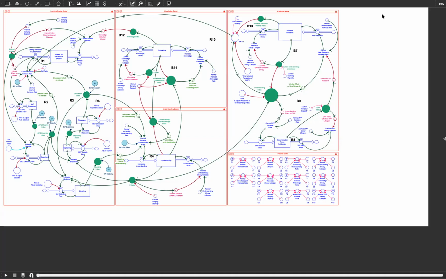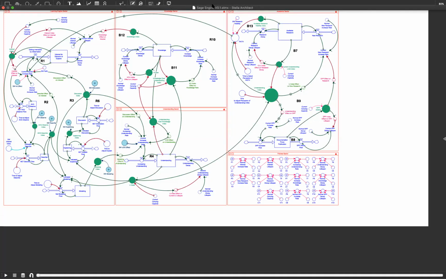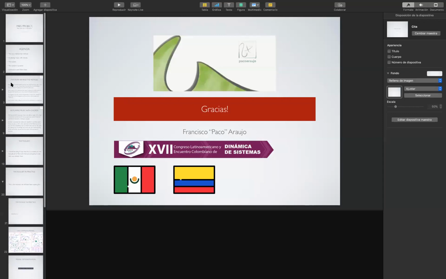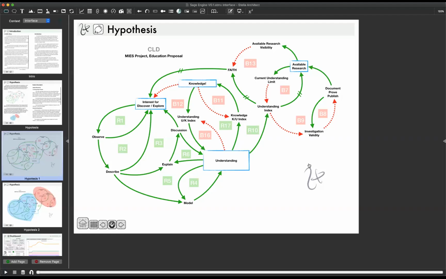Paco, I have a question. Can you go back to the causal diagram? Of course. I did see that research visibility has a negative relationship with faith. I'm trying to understand the rationale behind that choice.